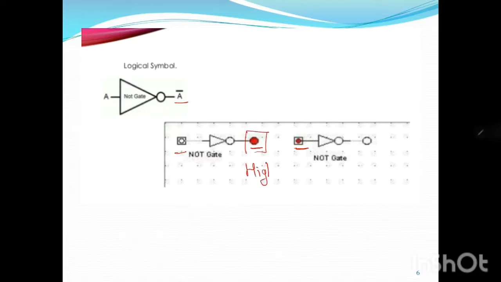And when input is high, output is low, means whatever the LED or indicator connected at the output becomes off. In an inverter, output is always opposite to the input, and that's why it is also called an inverter.